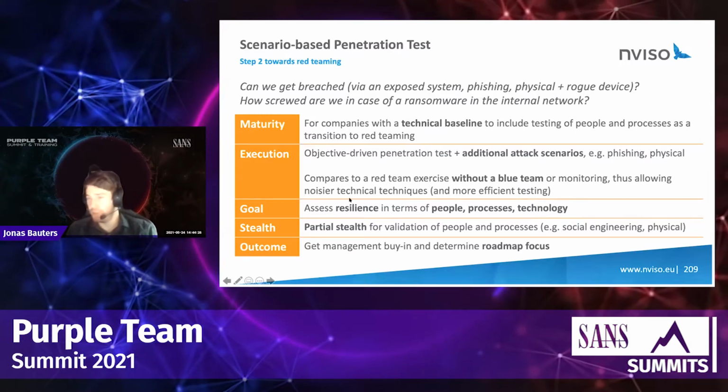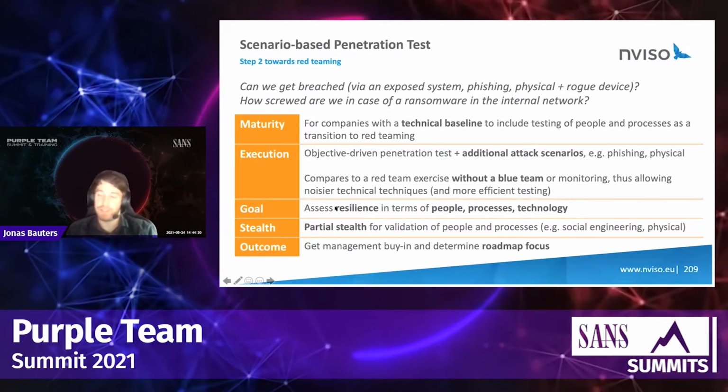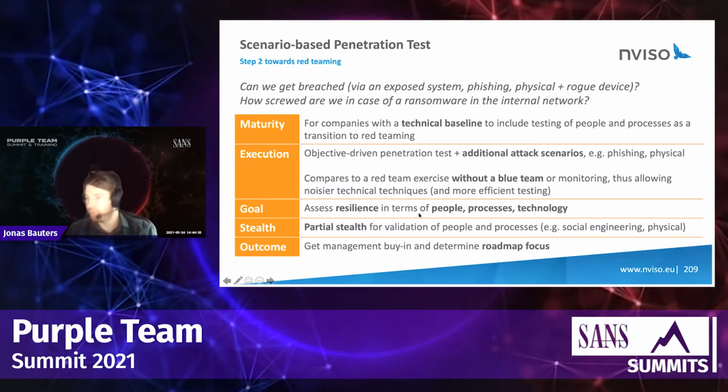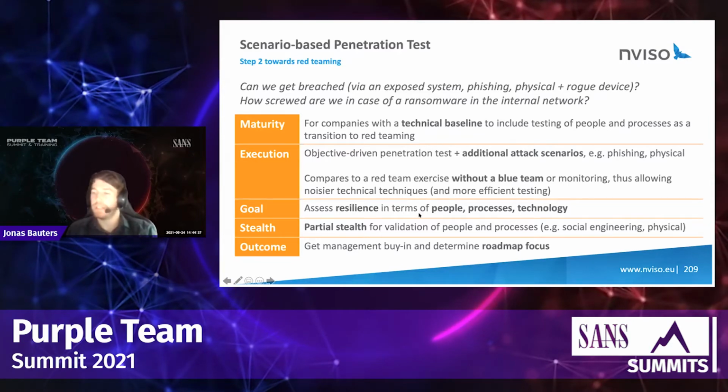And here you're also looking mostly at assessing the resilience, so no detection yet, just assessing resilience in terms of people, processes, and technology.